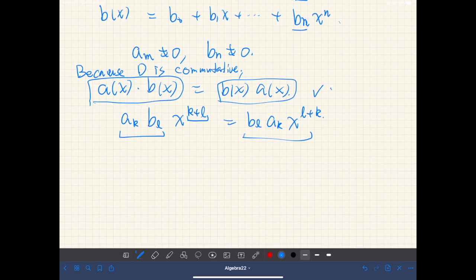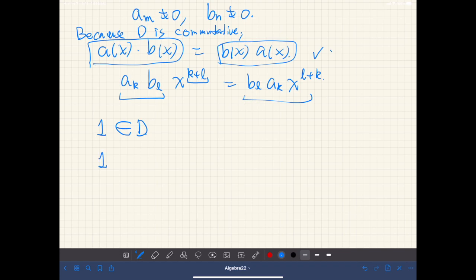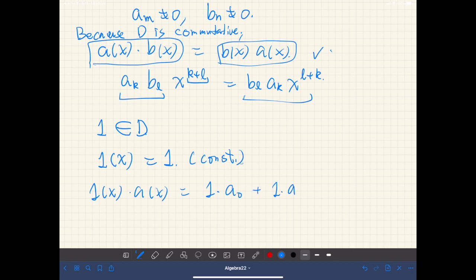Okay, and the identity element. Let's say the identity element of D is 1. Then we can define the identity element of D of x as the constant 1. And by this, for example, 1 times a(x) is 1 times a0 plus 1 times a1x and so on.